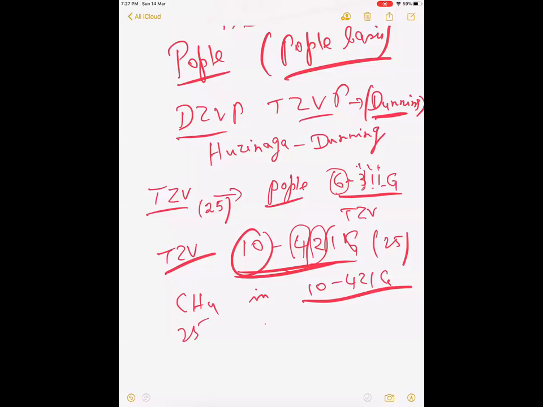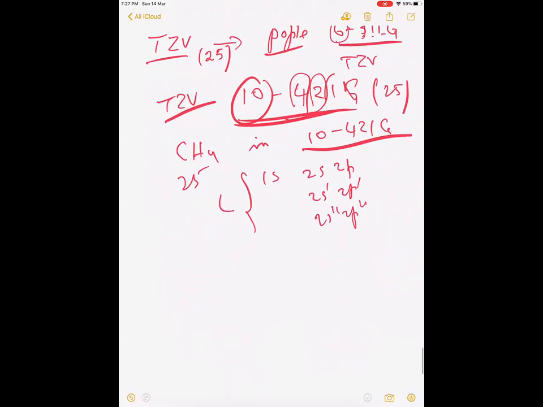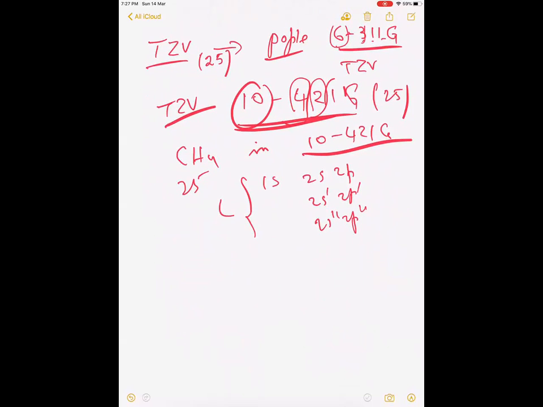And triple zeta valence quality means 1s, 2s, 2p, 2s prime, 2p prime, 2s double prime, 2p double prime for carbon. So this is already, you can see, 1 plus 4, 4, 4, that is 13 functions.